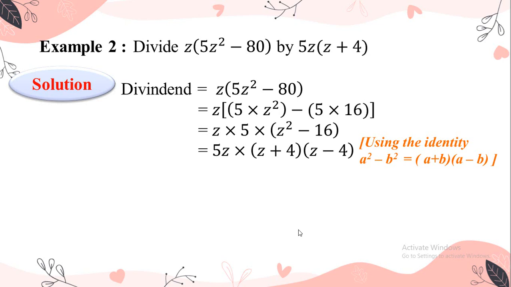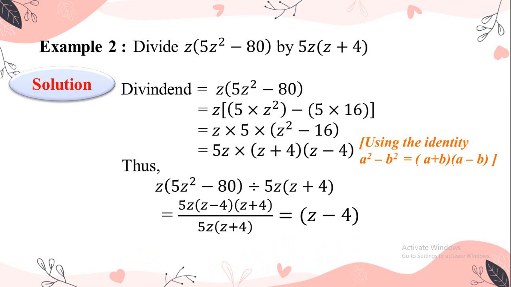Thus, z times 5 times z squared minus 80 divided by 5 times z plus 4 equals 5 times z minus 4 times z plus 4 divided by 5 times z plus 4. Now, I see. We're cancelling 5 times z plus 4, equal to z minus 4.